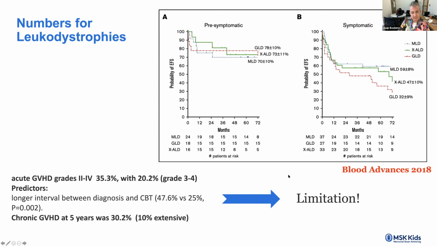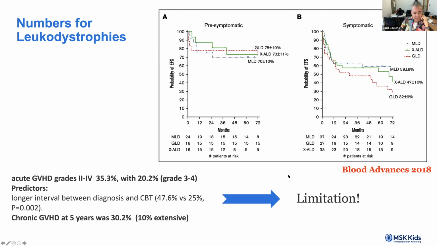But the acute form can result in a chronic form. And as you can appreciate here on the left-hand side, the chronic GvHD rate in this analysis was 30%. So that's also significant, with 10% extensive. And mainly extensive is quality of life impacting because it requires systemic immune suppression with prednisone and some other immune suppressive agents.